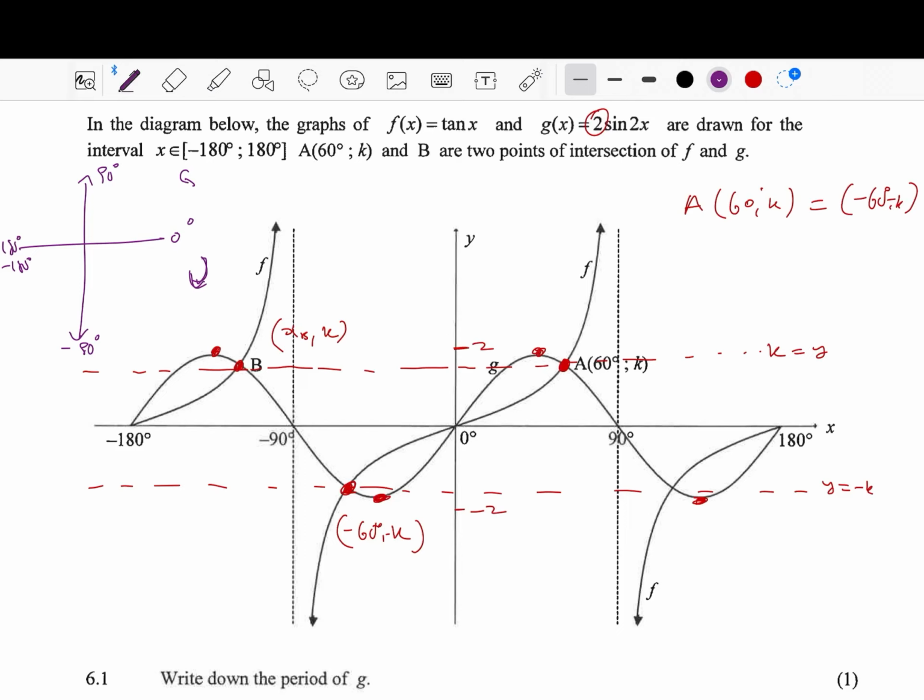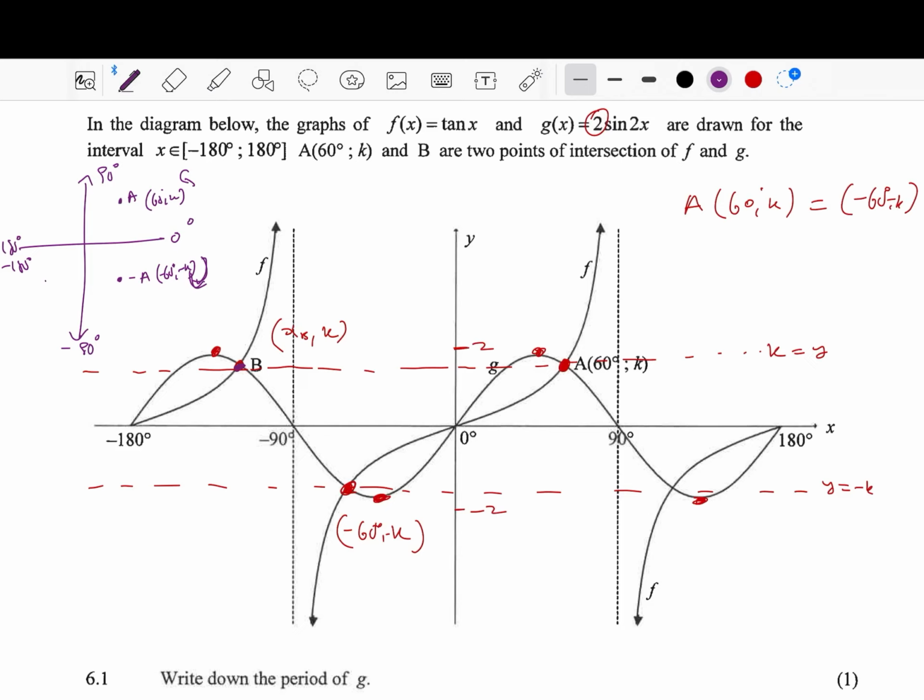So what we've discovered is that we have a point here at A, and that point is 60 degrees and k. And we have a mirror point here, which is negative A, negative 60 and negative k. Then we have another point B, which is on the third quadrant when you move in the clockwise direction.